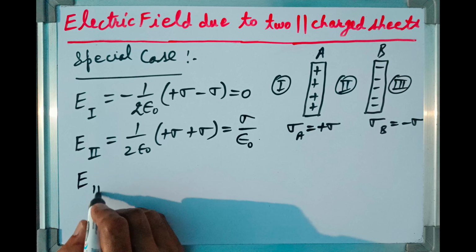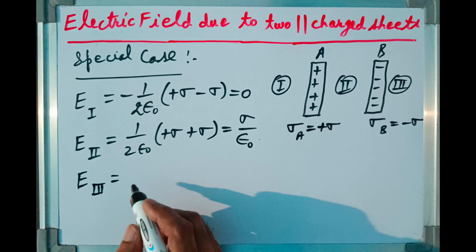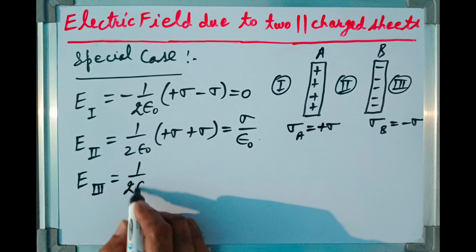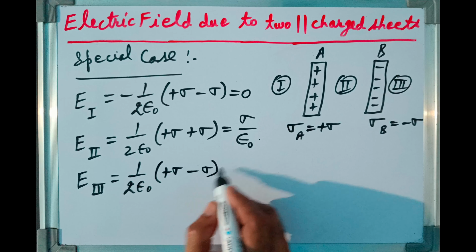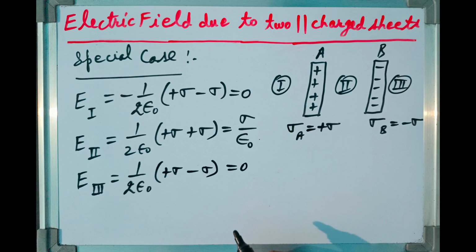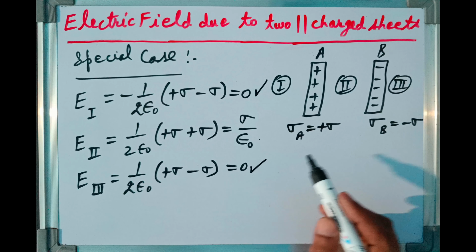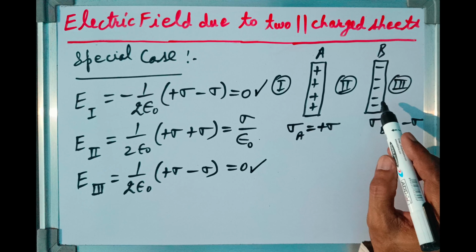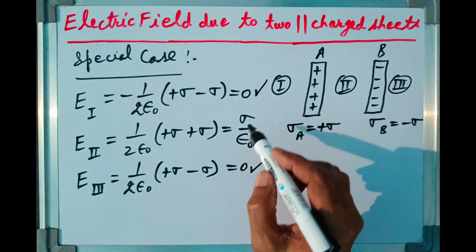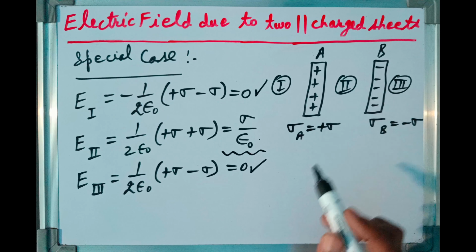And electric field in the third portion, that is on right hand side of sheet B, we shall get 1 upon 2 epsilon naught, plus sigma minus sigma, equal to 0. From these three relations, it is clear that no electric field will exist on left side of plate A and on right side of plate B. Electric field is non-zero only in the portion in between the two sheets.